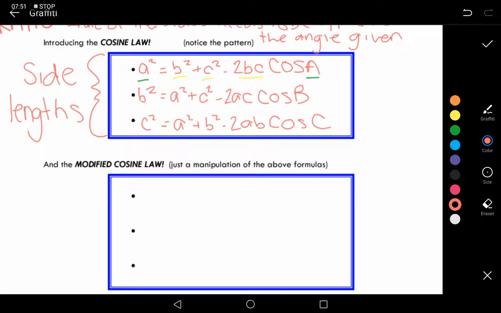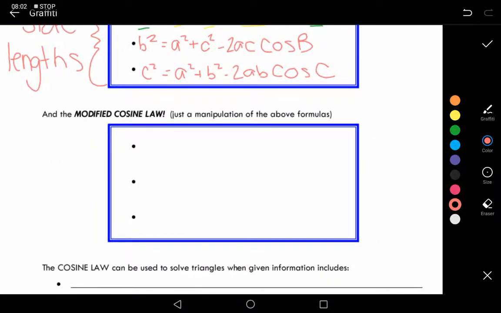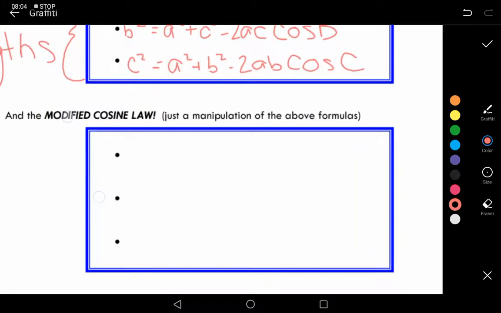Okay, we can actually modify this formula to help us find angles as well. All this second box is showing are basically those formulas in that top box rearranged so that they are isolating the angle. So if we're looking for angle A, you have to remember that a capital letter means an angle.